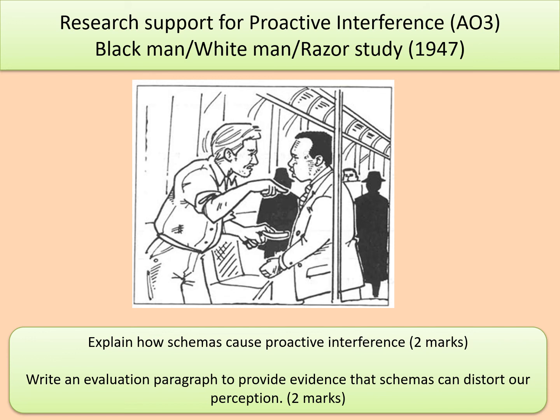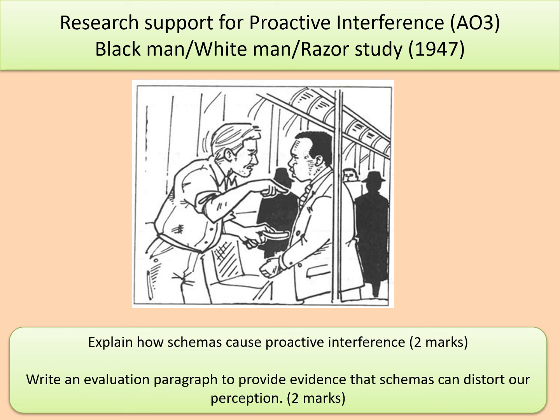So what this did, it highlighted people's racist schemas, because people had their memories distorted by their schema, by that proactive interference of prejudices and stereotypes. So this provides evidence that schemas unfortunately will distort our perception and our recall for events.